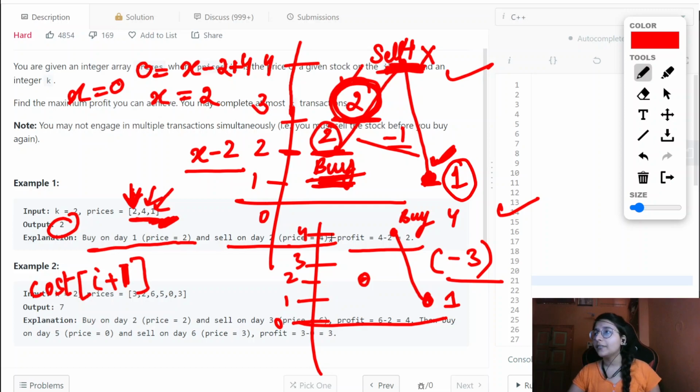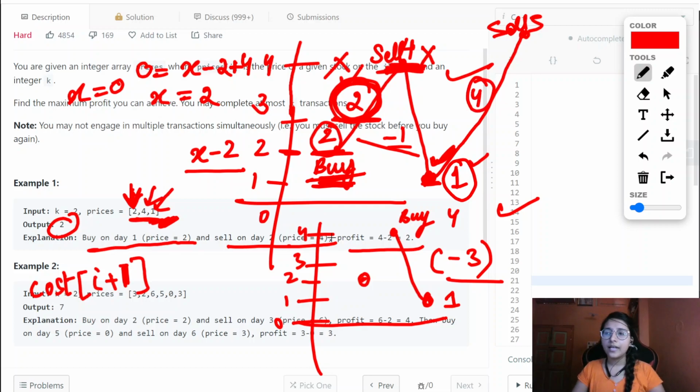If this had gone to 5, surely we would have discarded this point also. We would have bought at this 1, and sold at 5, and we got a profit of 4, right? So that's why we will check for the next cost, which one is minimum.